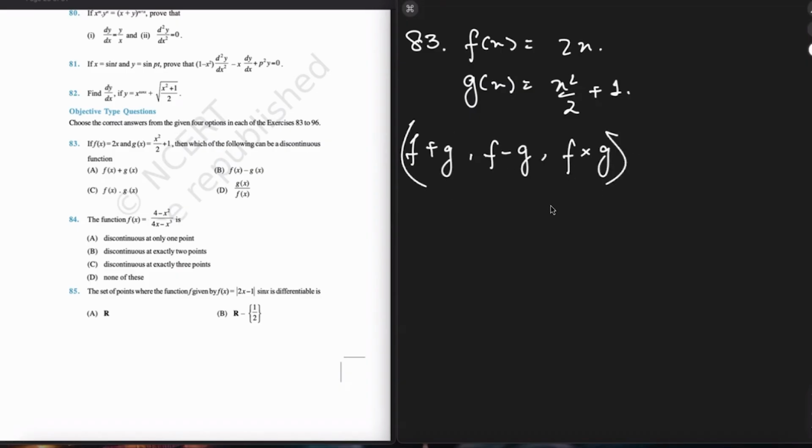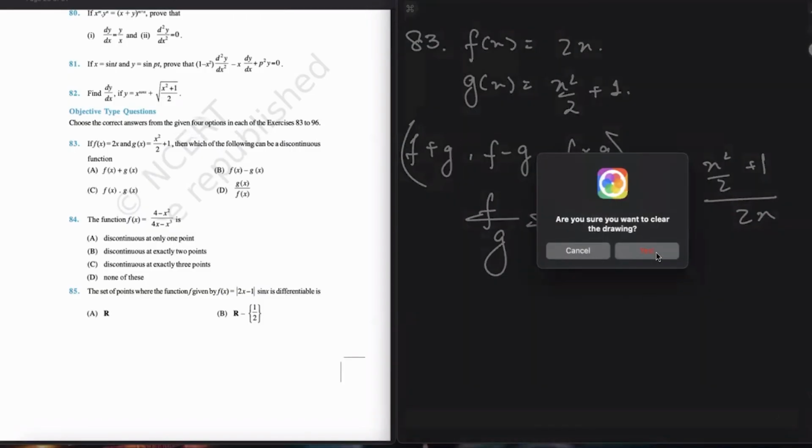These will all be continuous. So the only way it can be discontinuous is f upon g or g upon f, as given. So g upon f, how can it be discontinuous? It is x square by 2 plus 1 upon 2x. So when x is equal to 0, this function is discontinuous. At x is equal to 0, there is discontinuity in this function.